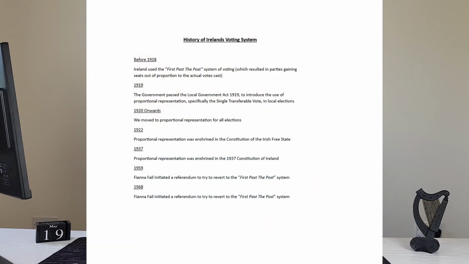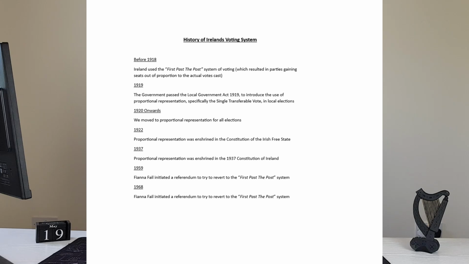Proportional representation simply means that a party gains seats in proportion to the number of votes cast for them. Now, we didn't always use proportional representation in Ireland. In fact, prior to 1918, we used a system called first past the post.